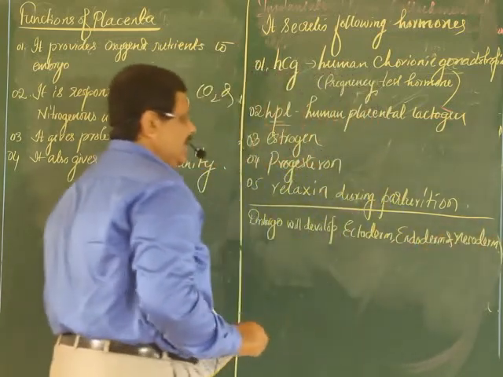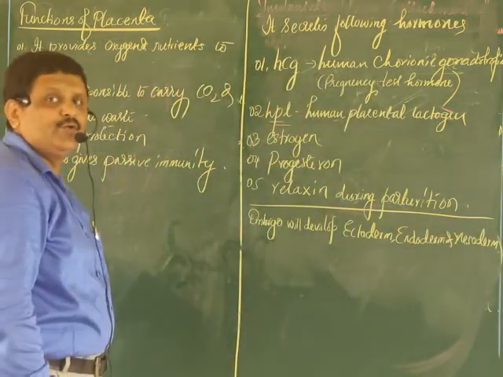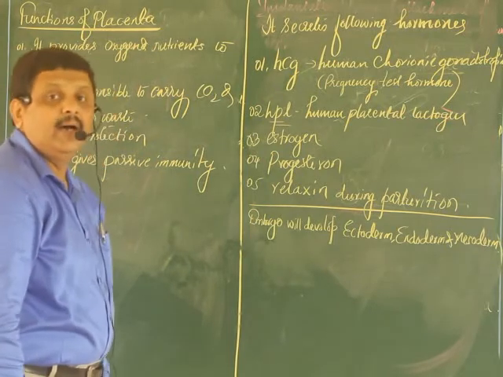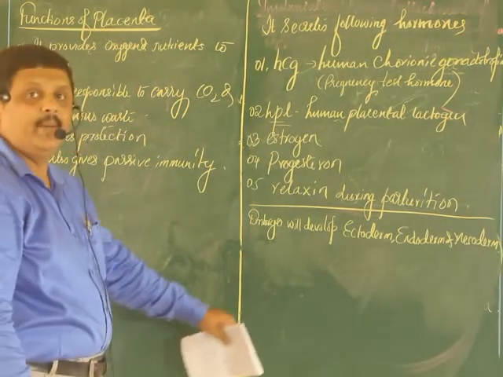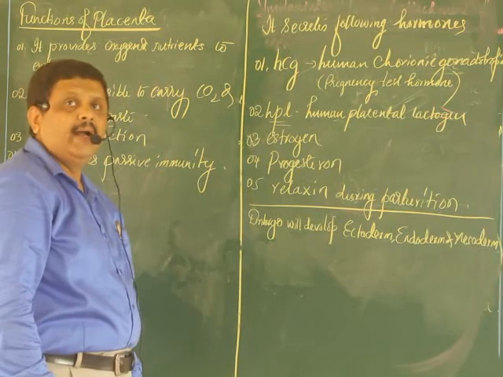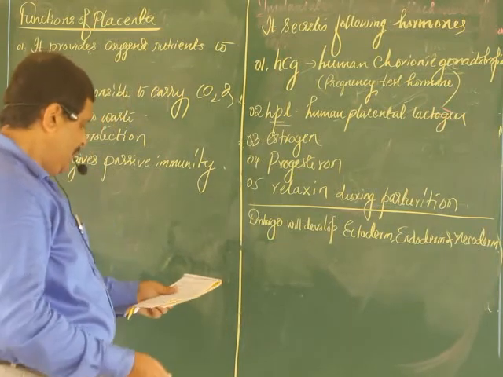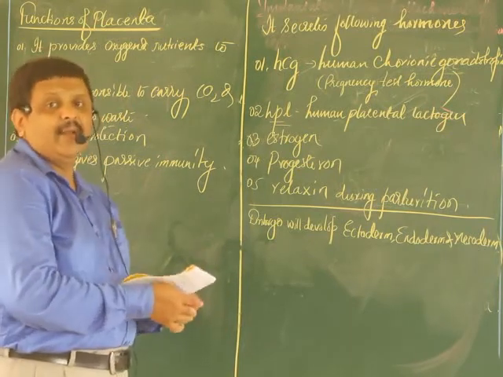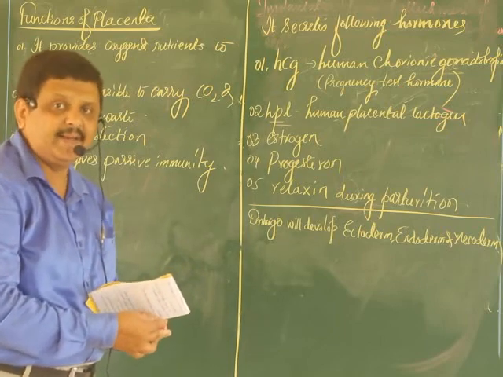What are the cells and organs which are produced? I will tell you in the NEET class. But you remember, it produces ectoderm, endoderm, and mesoderm. Then, the development of the embryo, I will explain in the next video.